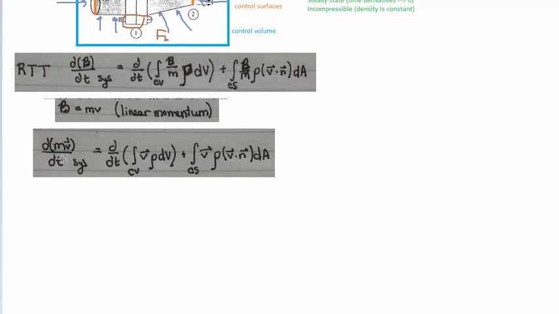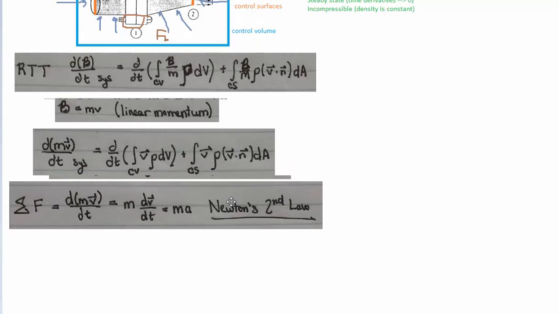So what that means is that you could pull this mass out of the differential, and you're going to have m dv dt. If you remember back to your introductory physics, that is simply ma, and what you can do now is use Newton's laws to make this statement.